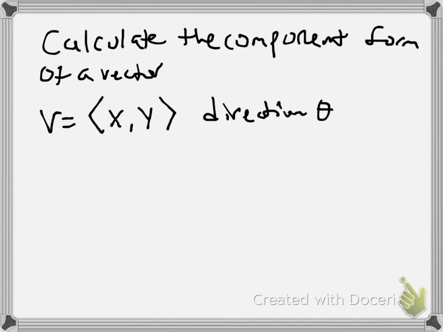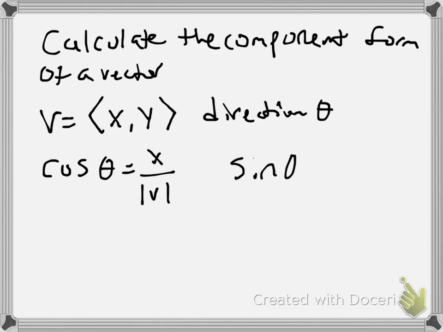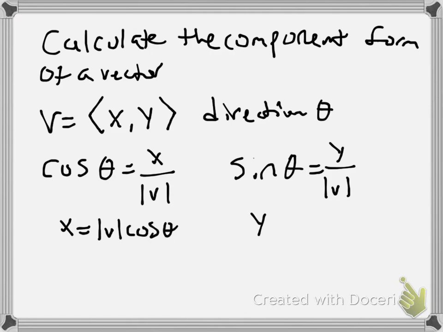is equal to theta. So our cosine of theta is your x value over your length, which is your magnitude. And the sine of theta would be your y value over your magnitude. So technically, x equals our magnitude times cosine of theta, and y is our magnitude times sine of theta.